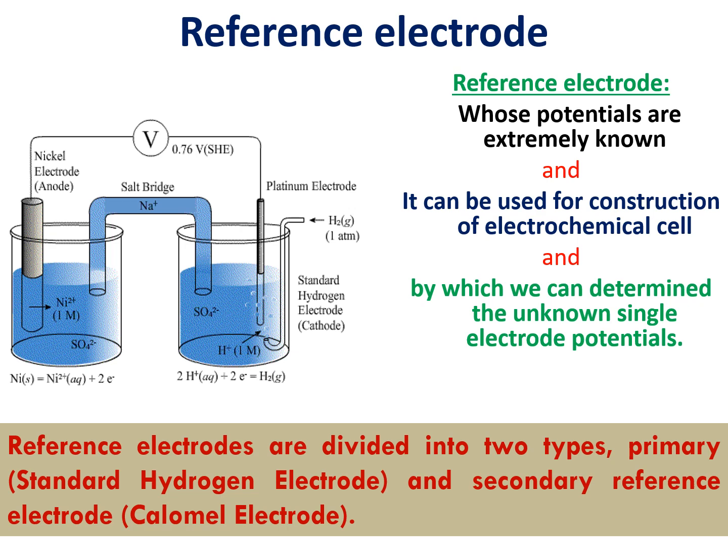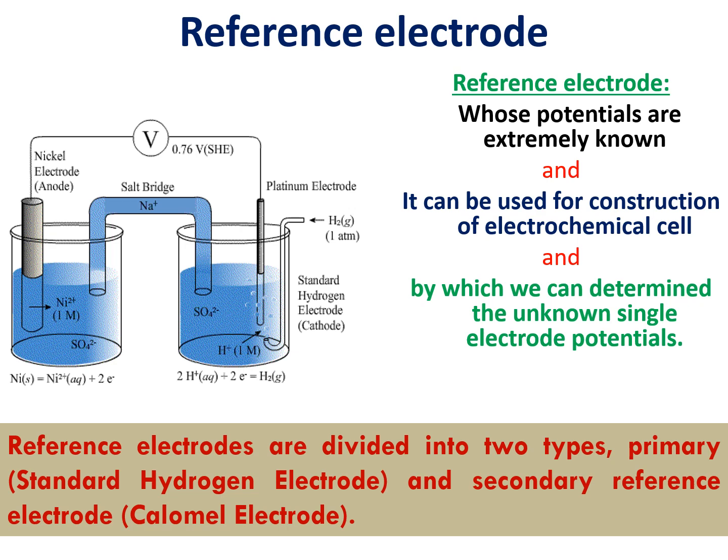The remaining half cell is the unknown electrode. We connect the reference electrode and the unknown electrode through an external wire, and it gives the EMF of the cell. By that we can determine the unknown electrode potential.